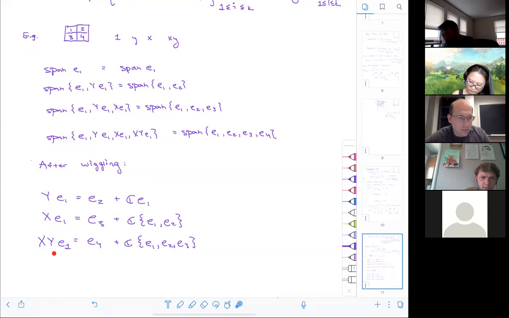And then xy evaluated on e1 is our fourth basis vector plus something in the previous. But notice that y times e1 is something that we see earlier in our list.